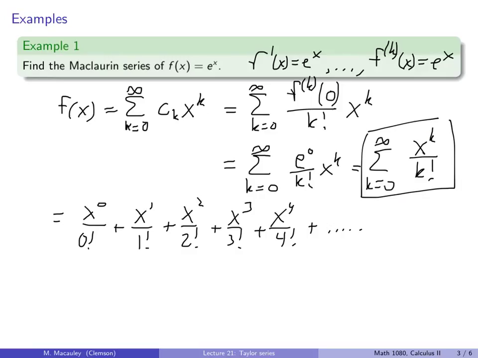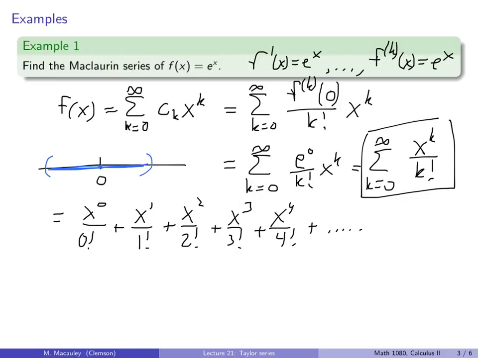Well, at least it's e to the x somewhere. Remember, this is a series centered at 0, and so there's going to be some interval around 0. Worst case scenario, only at 0. Best case scenario, everywhere, where the series is going to converge to e to the x.